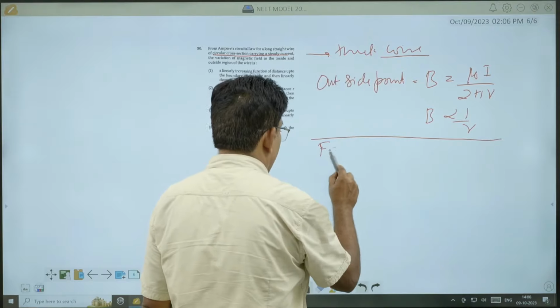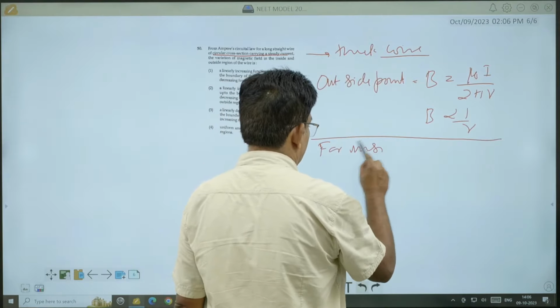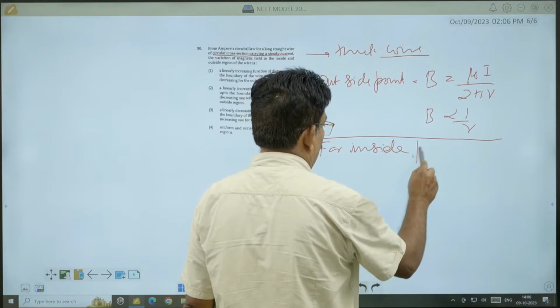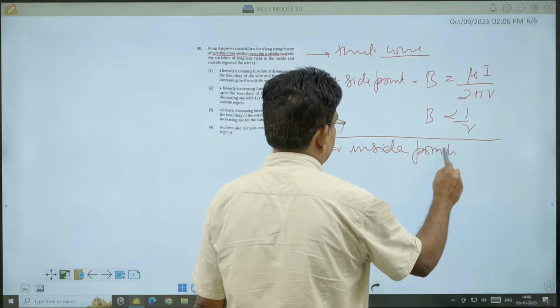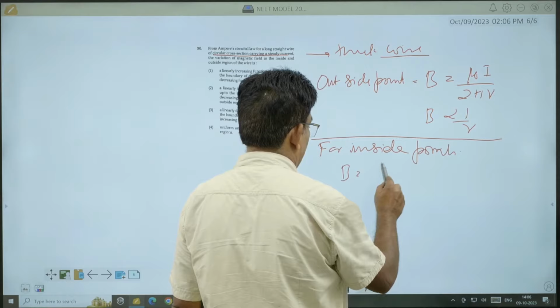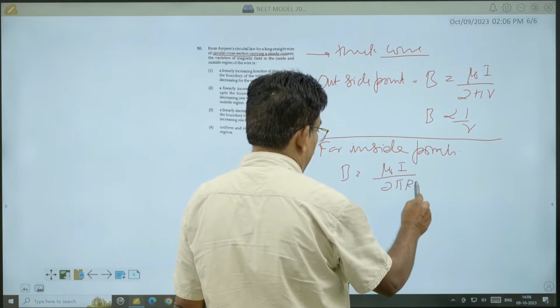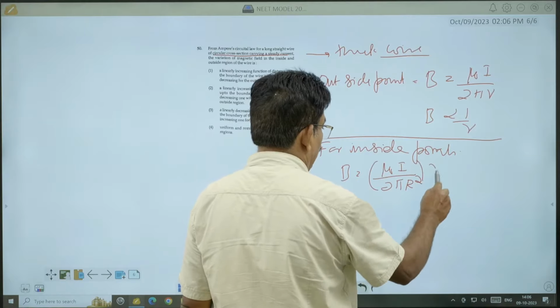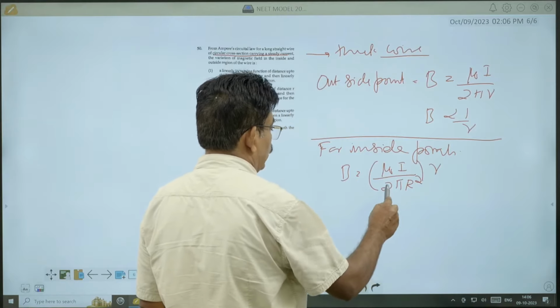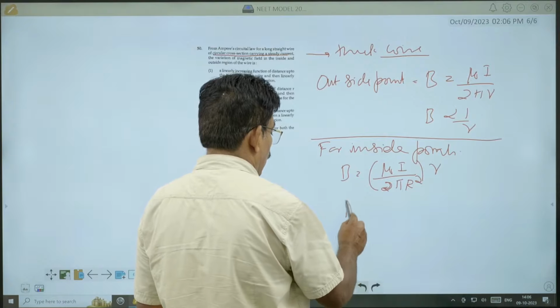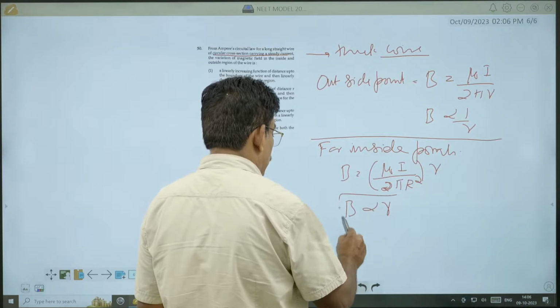For inside points, that is very much derived in the NCERT book. The magnetic field is given by μ0 I by 2π R squared into r, or B is directly proportional to r.